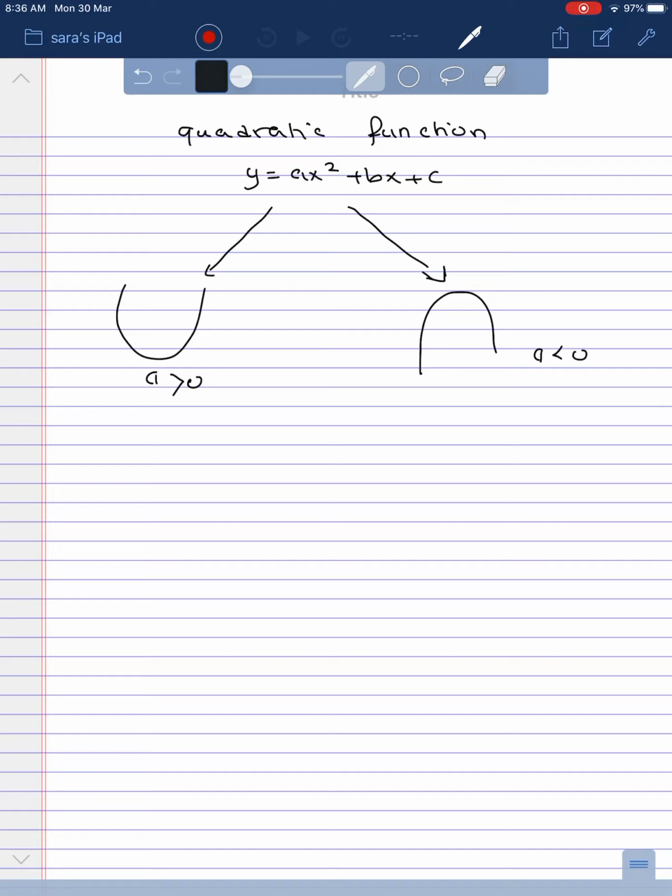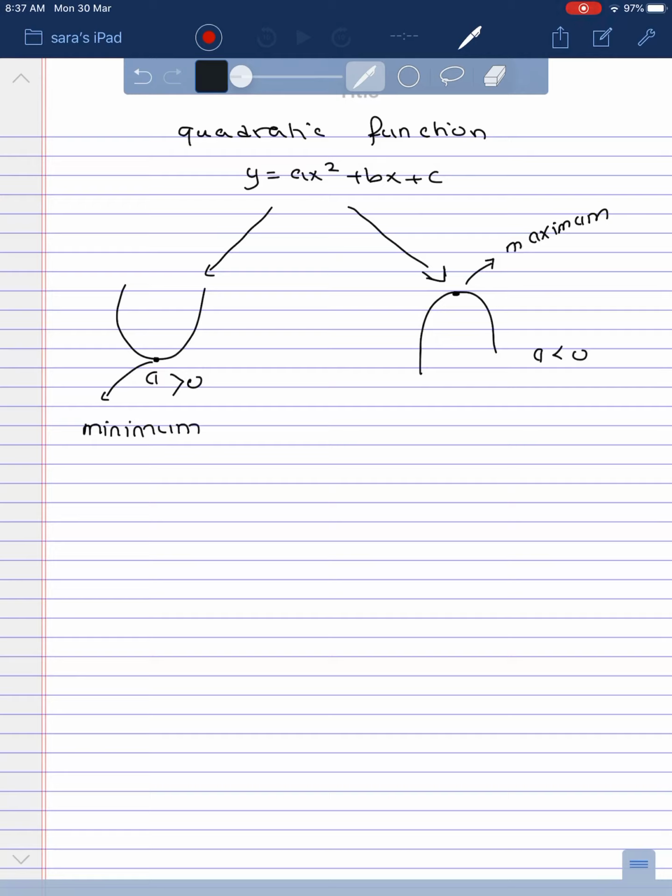As you can see in both shapes, in here we have a point which we call the minimum, and if the concavity is downward we have a point in here which we call the maximum.